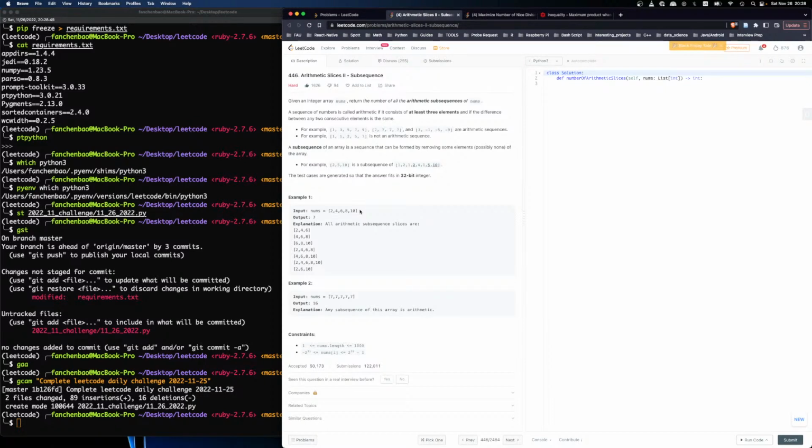And how do I solve it if I add one more? I have the total number of subsequences, but I think it should be the number of arithmetic subsequences ending in this one. If I find the total ending in this one, then I need to go to the next one.